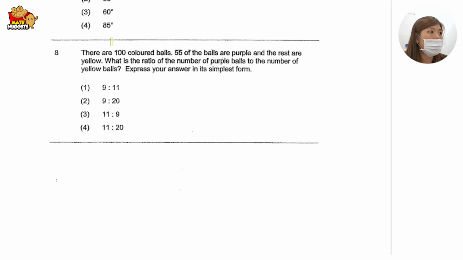So question 8, there are 100 colored balls. 55 of them are purple and the rest are yellow. What is the ratio of the number of purple balls to yellow balls? And lastly, express the answer in its simplest form.